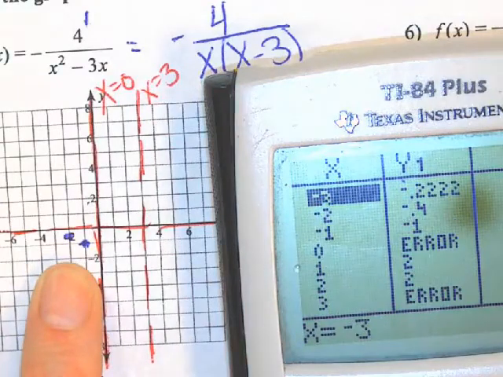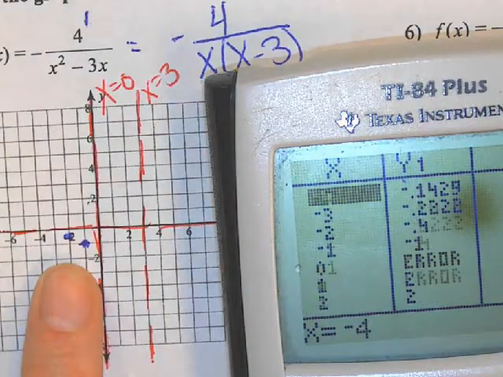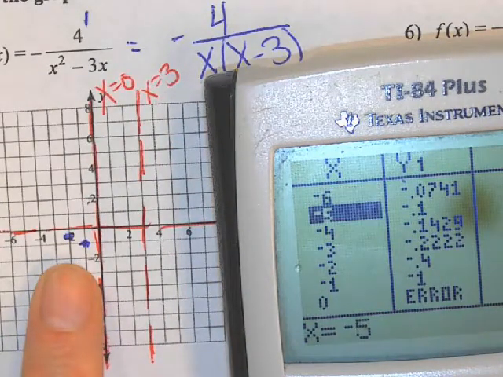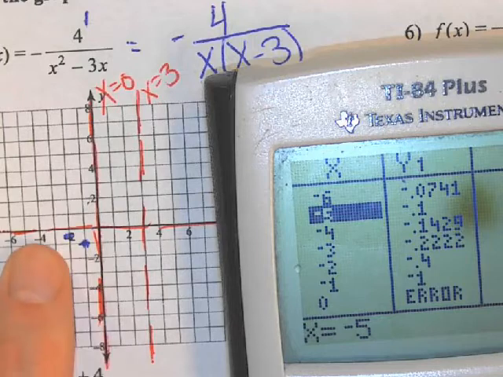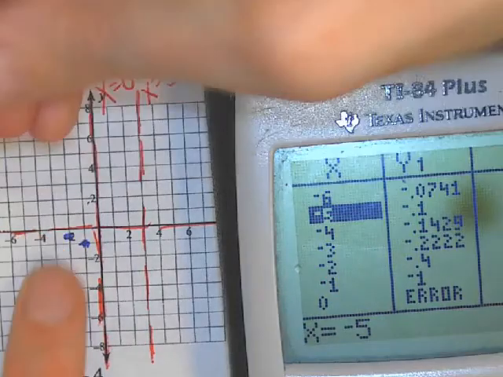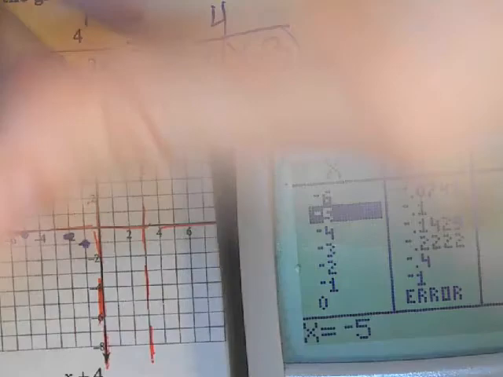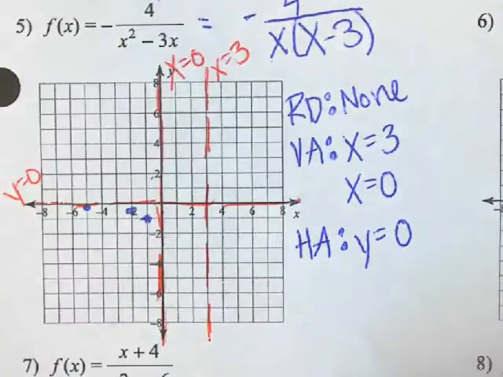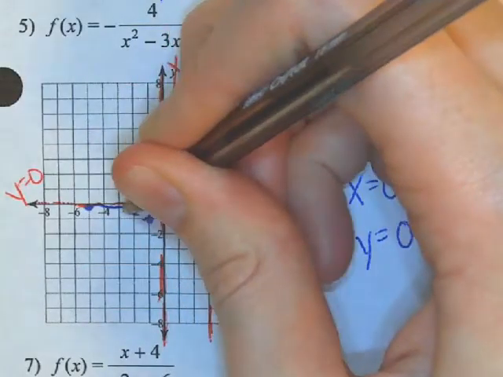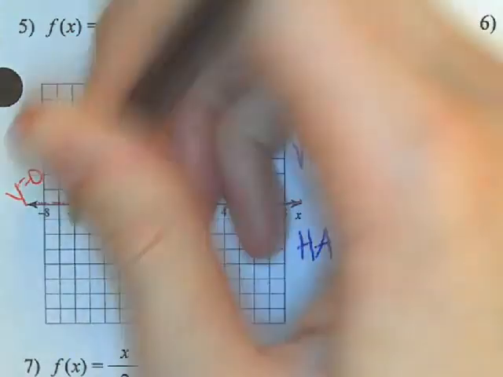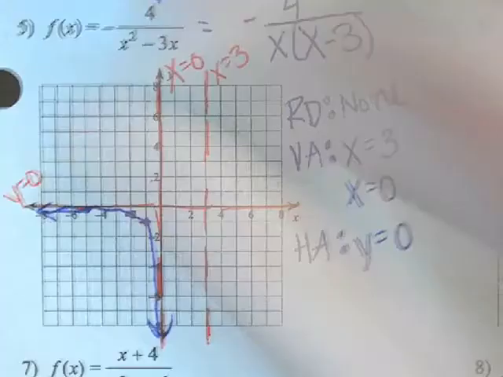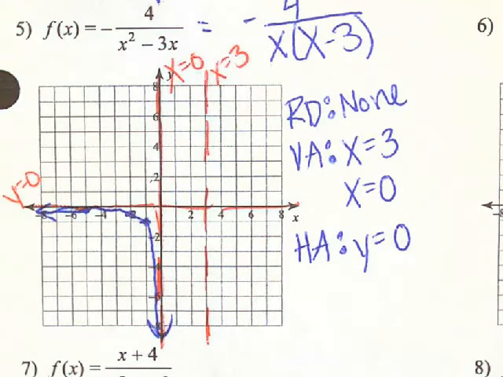And I'm going to go up again. That one doesn't look that pretty. I'm going to skip around a little bit. I'll do this one, -5, -0.1. That's really close to 0. So we see the curve, yes? Connect the curve and extend it towards the asymptotes. You graph the first section.